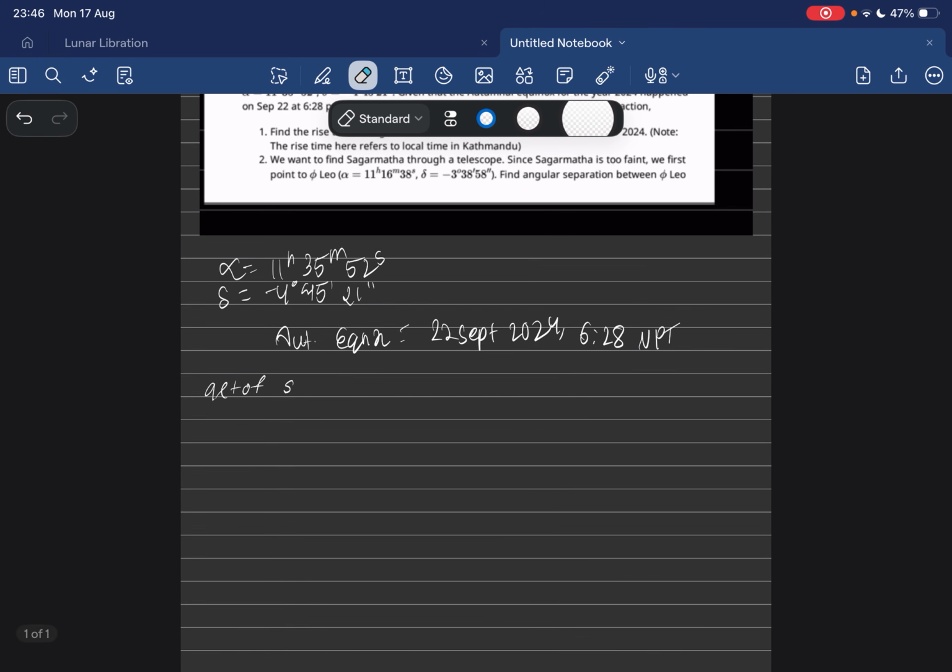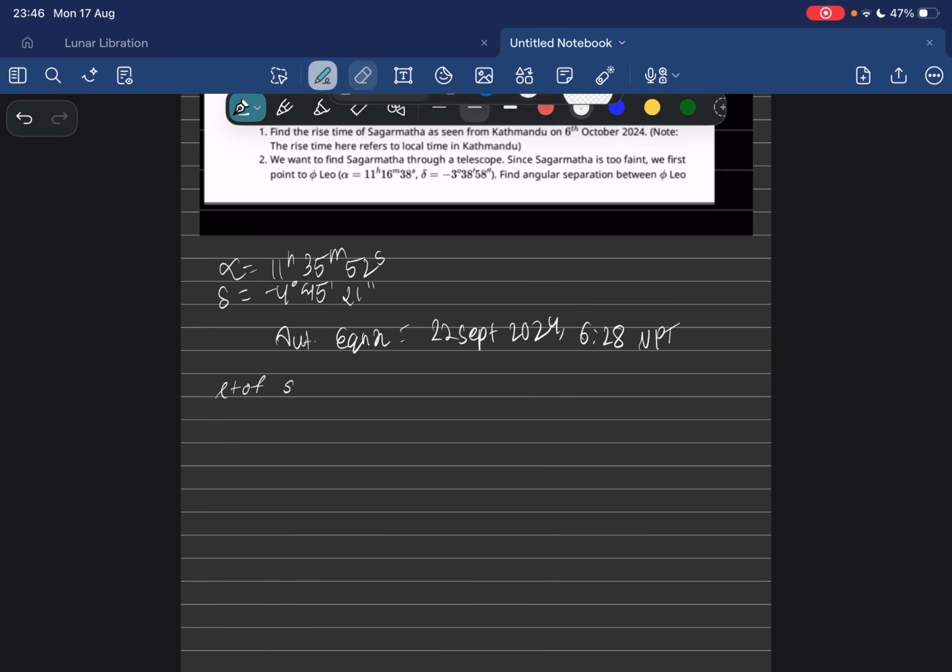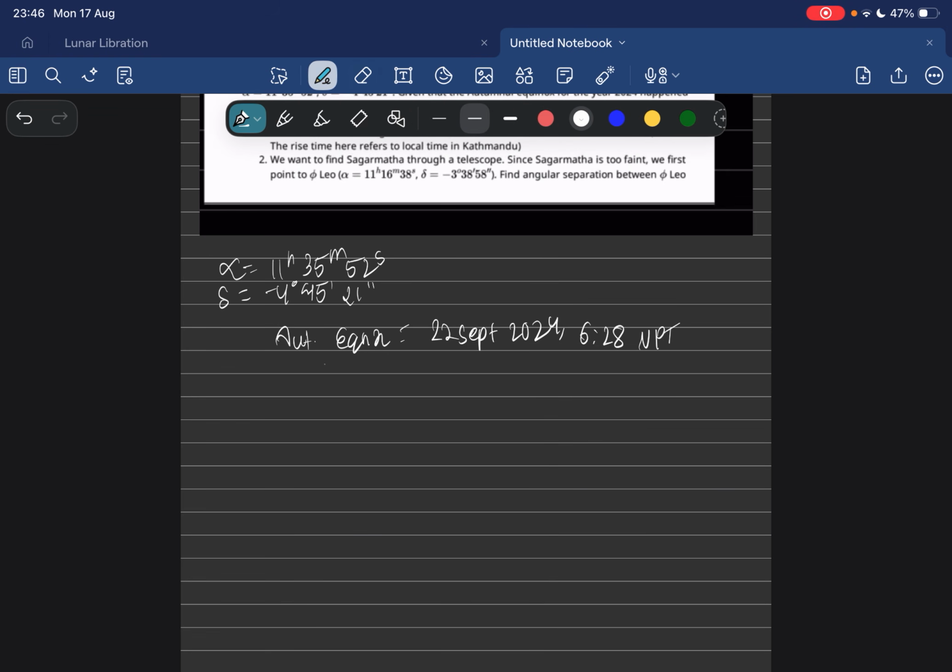At autumnal equinox, so we have the condition for rising: x equals 0. So sin h. A star rises when its altitude is 0, right, h equals 0 degrees.